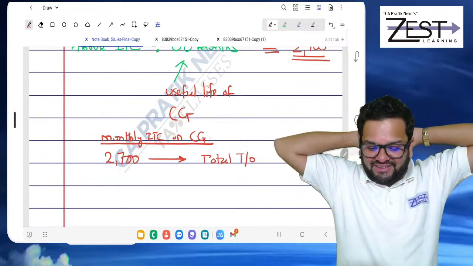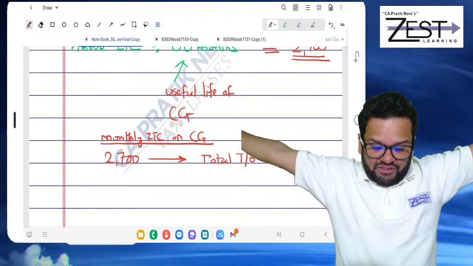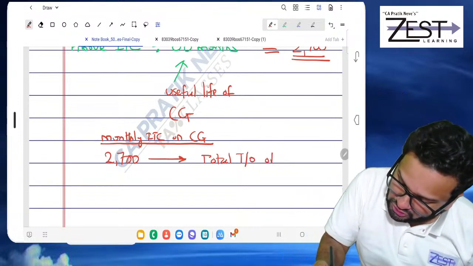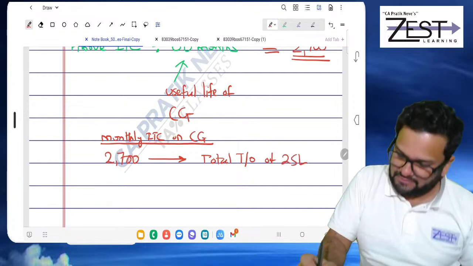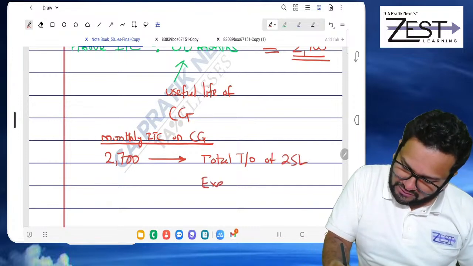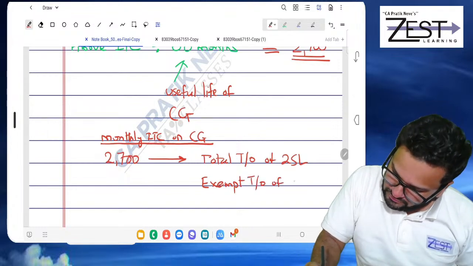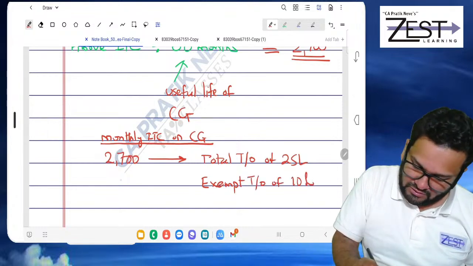So government says that monthly ITC of CG of 2,700, which you have already enjoyed, it is for total turnover of 25 lakhs. But from that, your exempt turnover is of 10 lakhs.